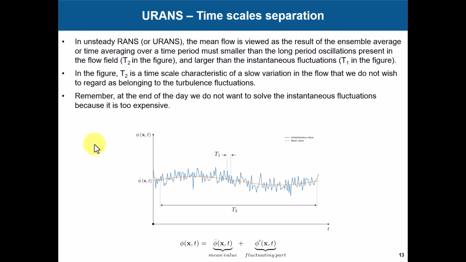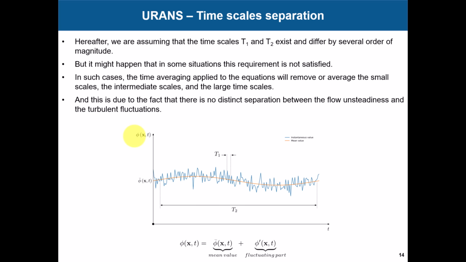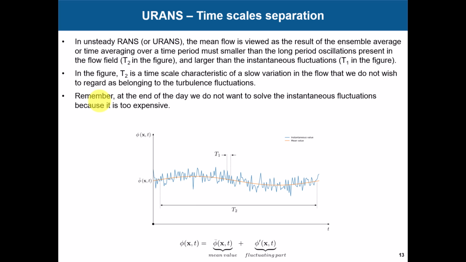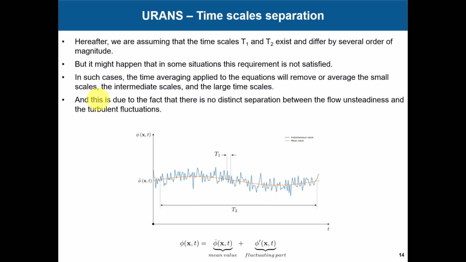And that is the reason why you don't see realistic results with URANS, because those very small fluctuations are removed by your averaging technique. If you cannot satisfy this requirement that T2 has to be larger, as we mentioned, the averaging is going to simply remove that.